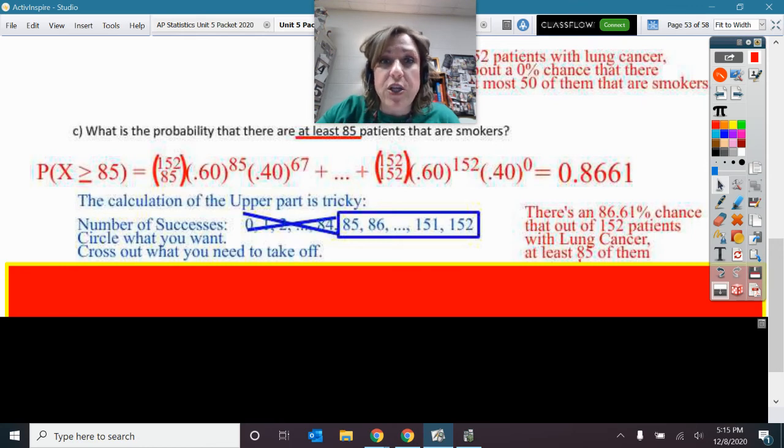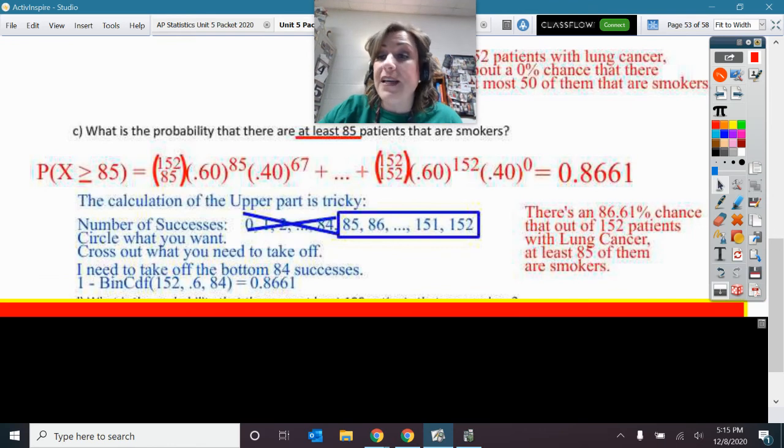So that's 85 and above. So I want 85 up, take off 84 and below. Don't take off 85. If you take off 85, then you had at least 86. Don't take off the 85.